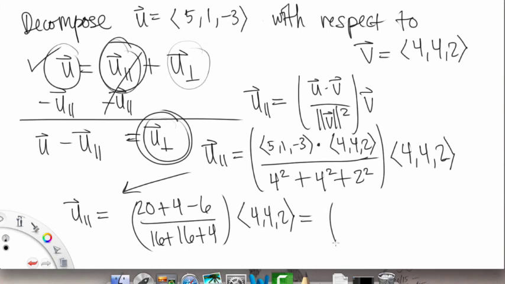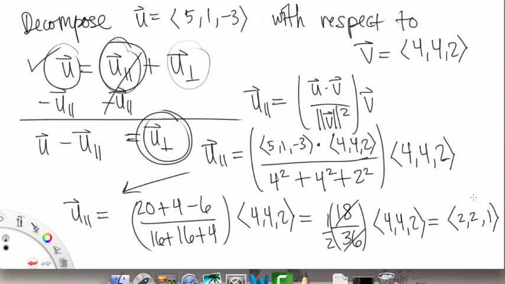Continuing, on the top we get 20 plus 4, 24, minus 6 is 18, and that'll be over 36, and this will be (4, 4, 2). So this simplifies to 1 over 2, and then if we distribute that in, we just get the vector (2, 2, 1). Okay? So this is the projection. This is our u parallel, so the projection of u onto v. All right? So this was our second step here. So I'll continue this on the next slide.